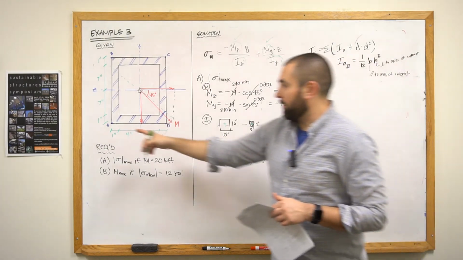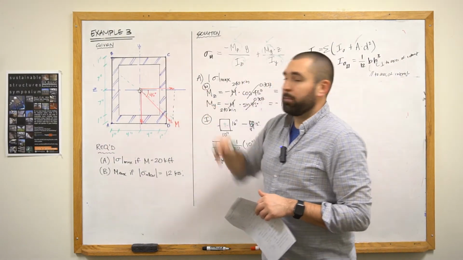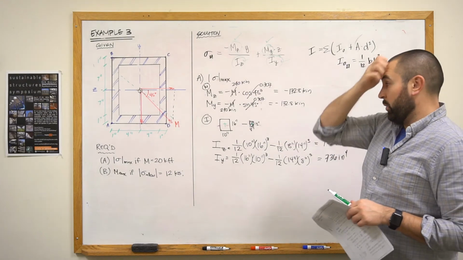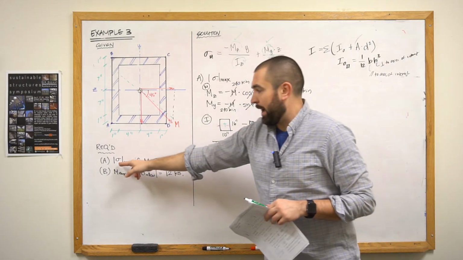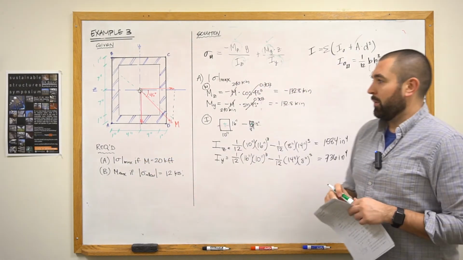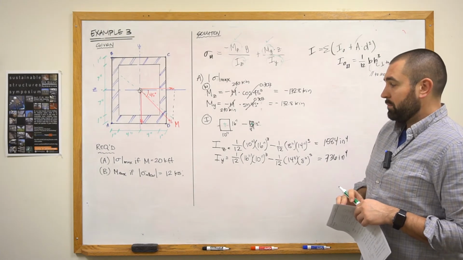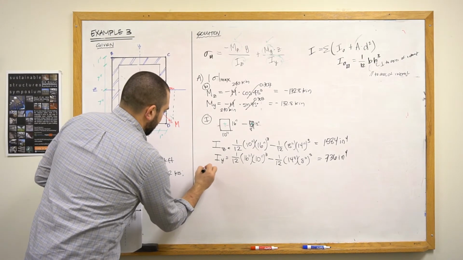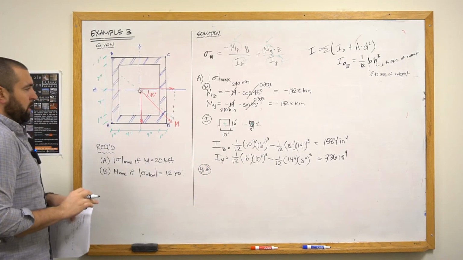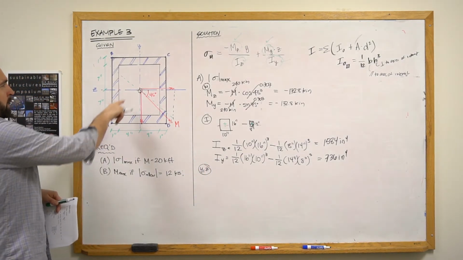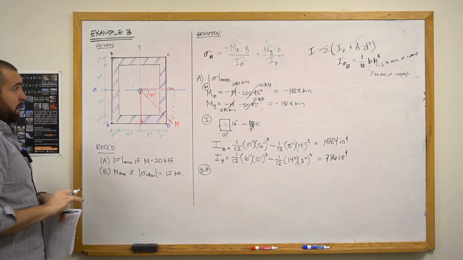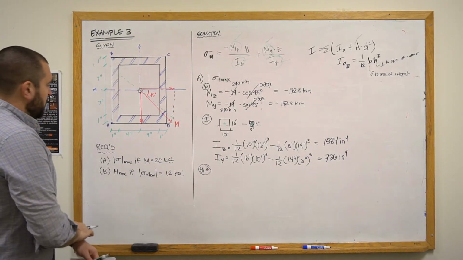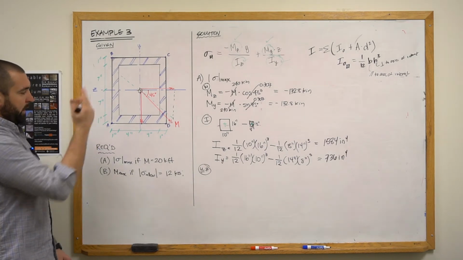One's just going to be negative, which would be at A, and one's going to have a positive stress, which is at C. Because this problem is asking us just for the absolute maximum value of the stress, either one is fine. So when we're calculating Y and Z, we can pick either the coordinates of A or the coordinates of C. It doesn't really matter. Okay, so let's just go ahead and pick point A.